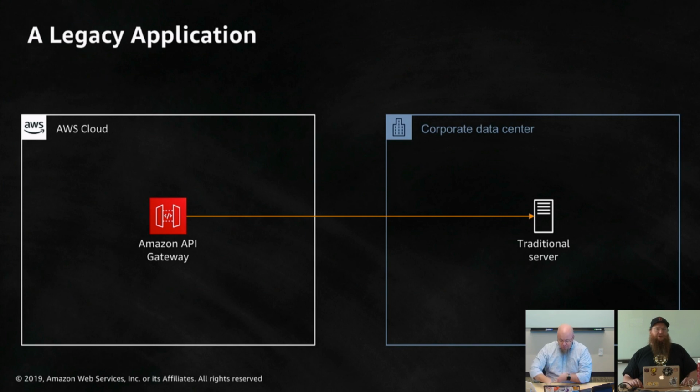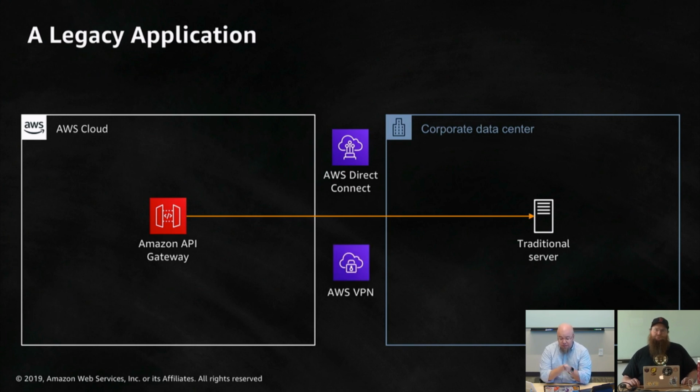If the point is that you're putting a facade on top of your legacy backend with API Gateway to add additional authentication and authorization as well as throttling, it doesn't do a lot of good if someone happens to be able to discover your backend server and invoke it directly. Exactly. Now, we have introduced some ways of securing that pipe, so to speak, maybe through AWS Direct Connect or even an AWS VPN.